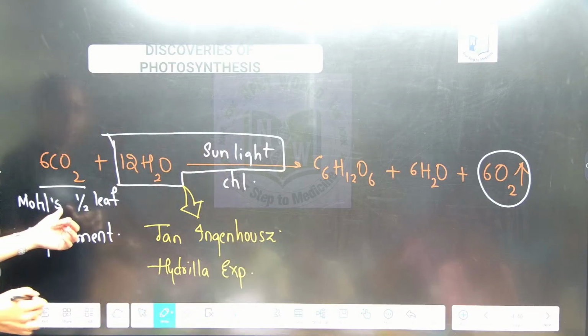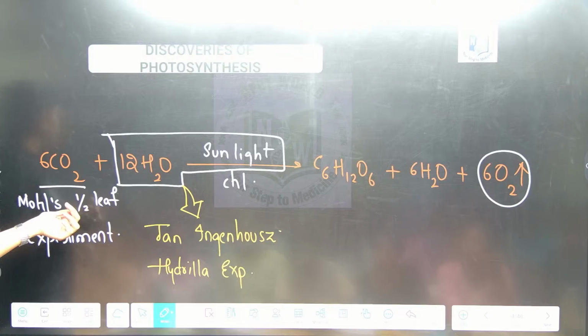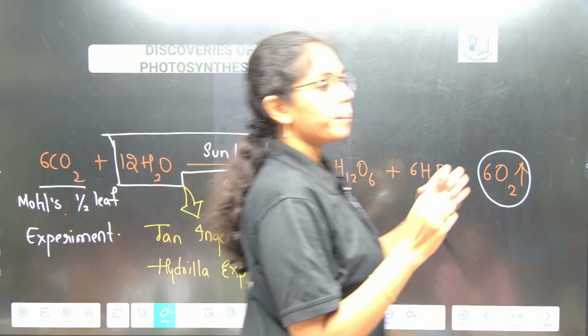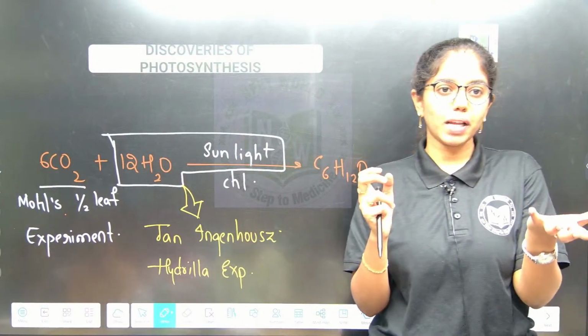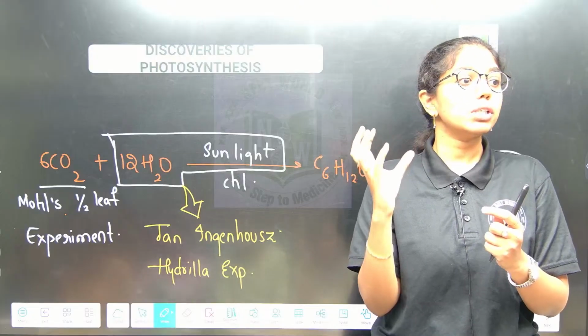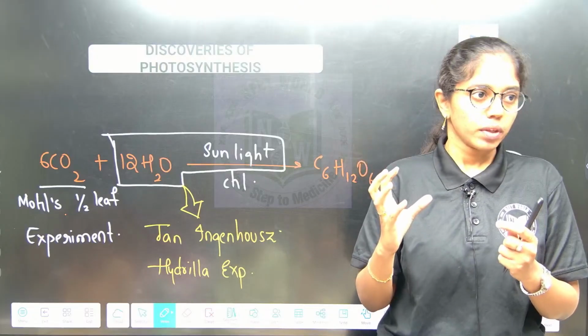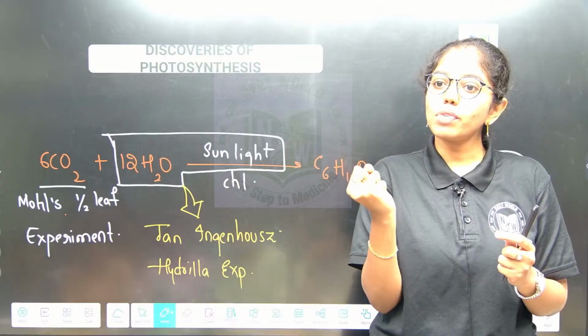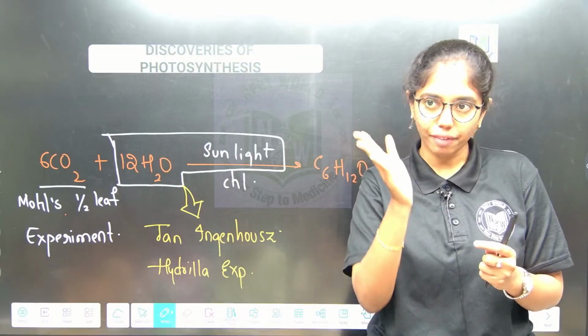How did Moll perform this experiment? Moll's half-leaf experiment, can anybody tell? A potted plant is taken which is placed in sunlight. Half of the leaf of the plant is inserted into a beaker which has KOH solution. KOH will absorb whichever carbon dioxide is present in that half leaf.